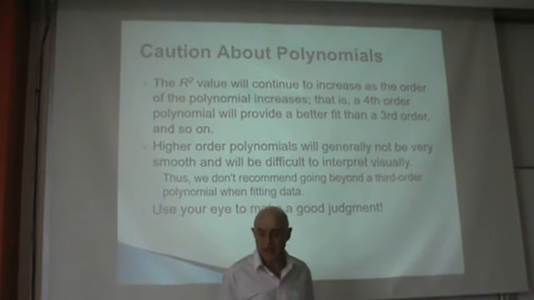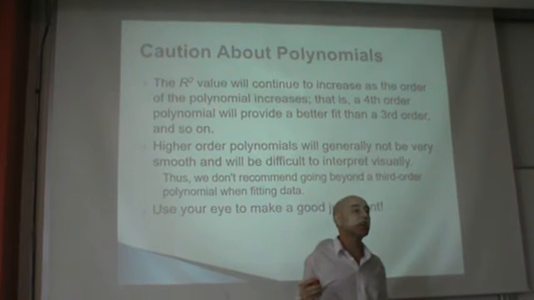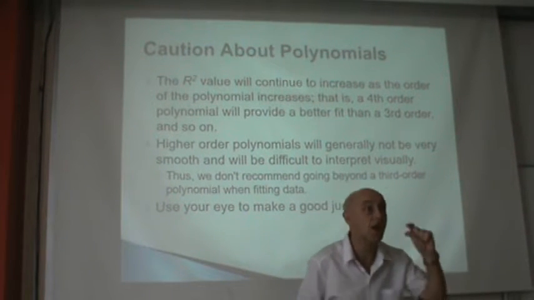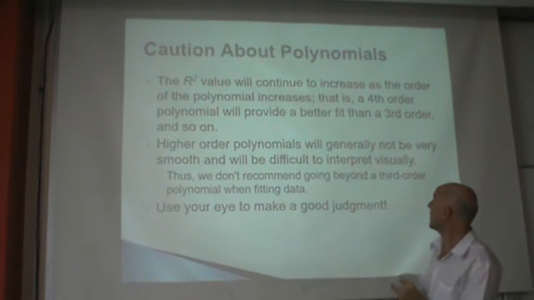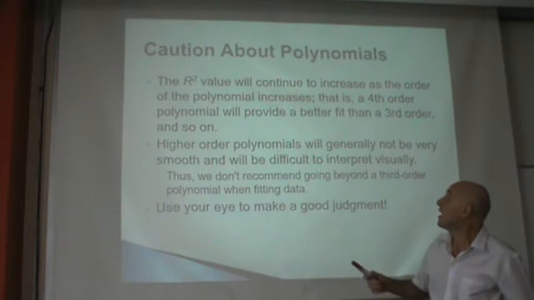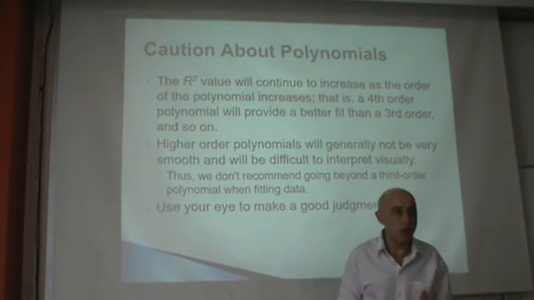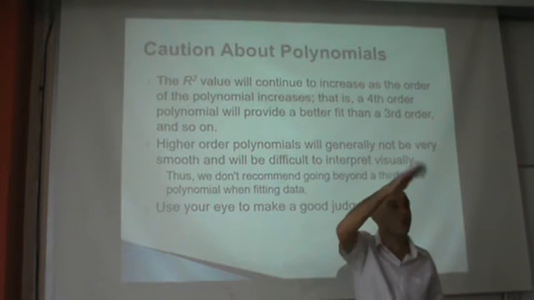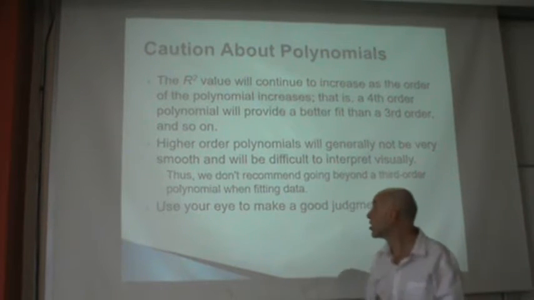Okay. So, every time you add an extra variable, you will be improving the R squared just a little bit or a lot, okay? When you add more and more variables, higher polynomials, they can become zigzag. You don't want to have too much of a zigzag. You want to have a relatively smooth curve.